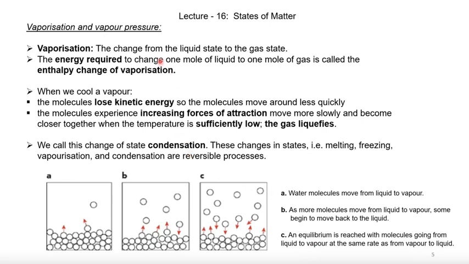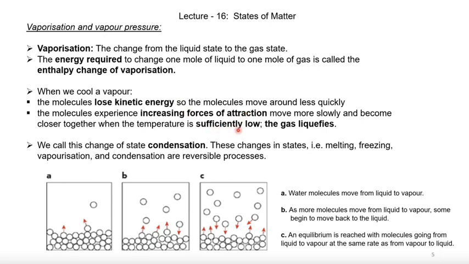So this is what we call vaporization, the change from the liquid state to the gaseous state. The energy required for 1 mole of liquid to change to 1 mole of gas is called the enthalpy change of vaporization. When we cool a vapor, it loses kinetic energy, increasing the force of attraction.